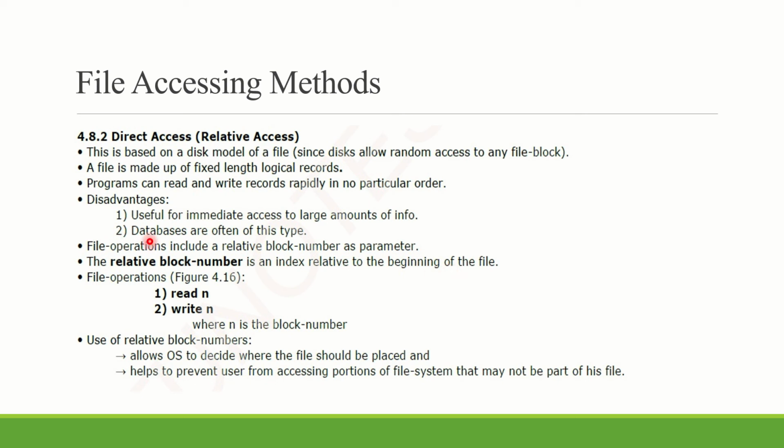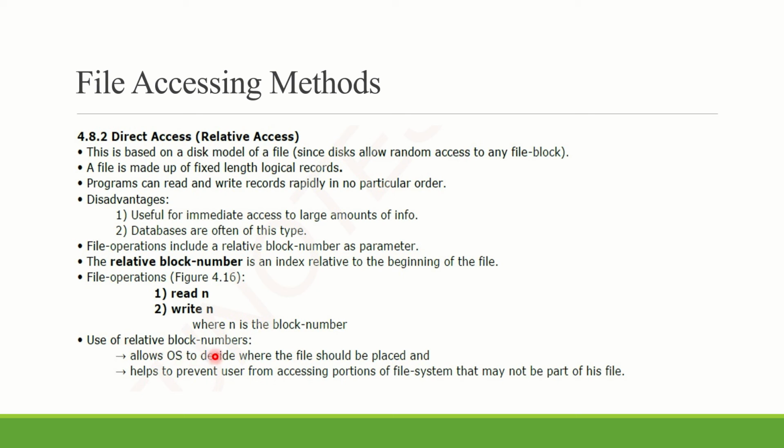That is the relative block number, related to the beginning of the file. So the beginning of the file plus that record number points the file pointer to the specific record. The file operations here are also read and write, where N is the block number or record number.